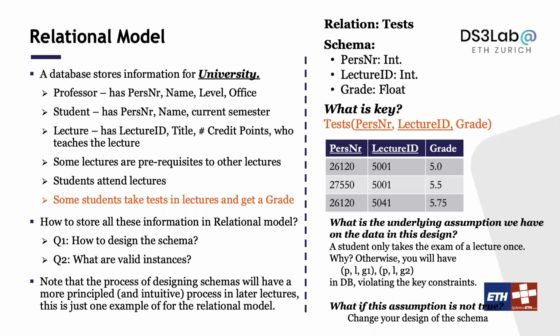So first, is the difference between a relation schema and a relation instance clear? Yeah, this is clear.